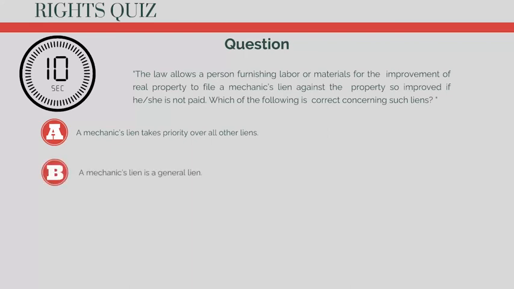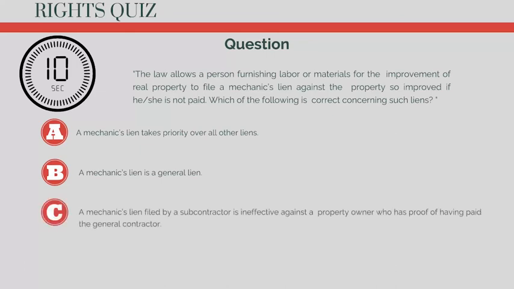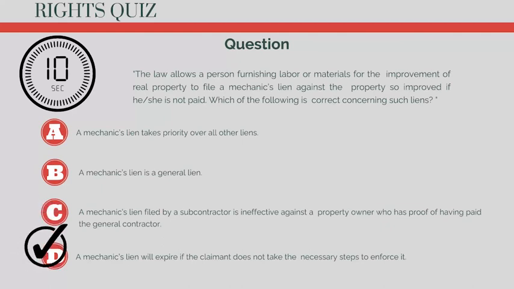B, a mechanics lien is a general lien. C, a mechanics lien filed by a subcontractor is ineffective against a property owner who has proof of having paid the general contractor. Or D, a mechanics lien will expire if the claimant does not take the necessary steps to enforce it. D, a mechanics lien will expire if the claimant does not take the necessary steps to enforce it.